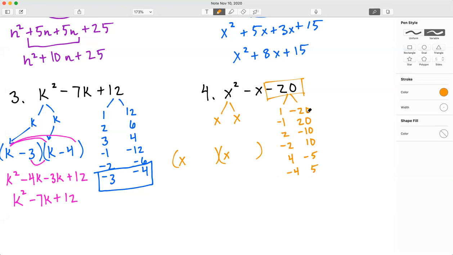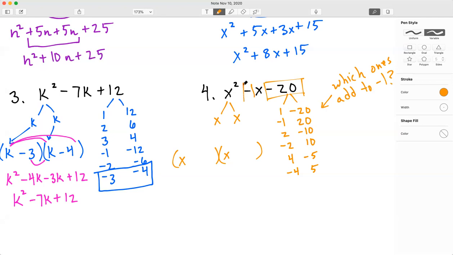So which set here adds to this coefficient of -1? Which ones add to -1?